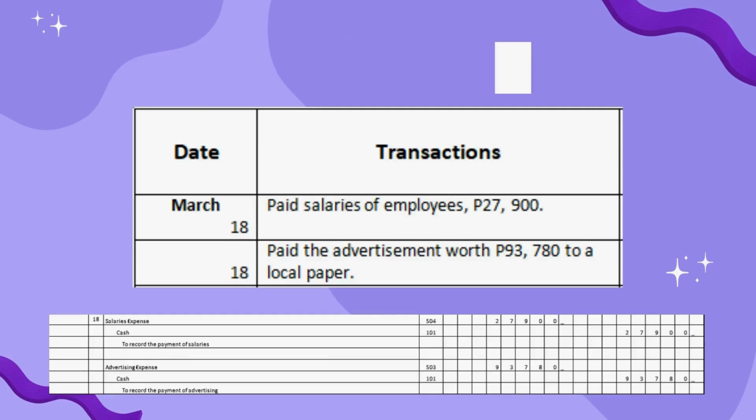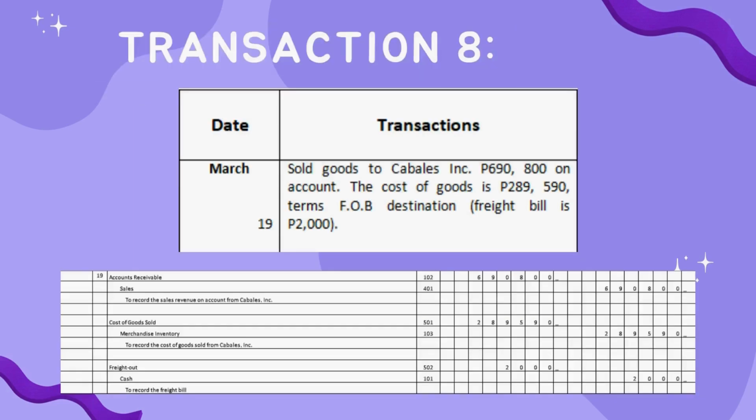Transaction 8, March 19. Sold goods to Caballes Incorporated, 690,800 pesos on account. The cost of goods is 289,590 pesos. Terms free on board destination. Freight bill is 2,000 pesos.